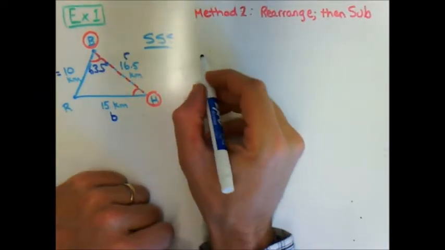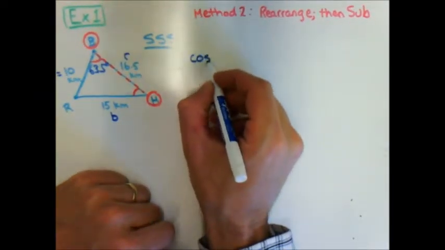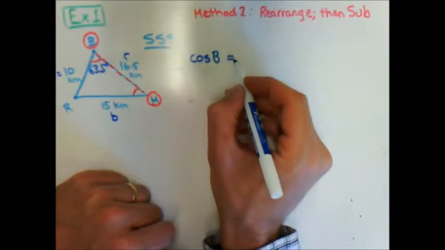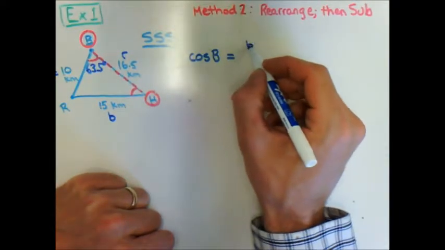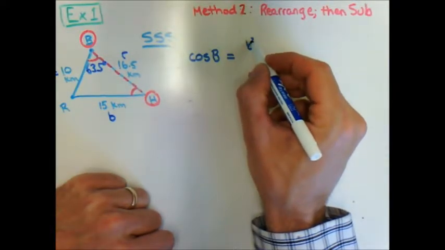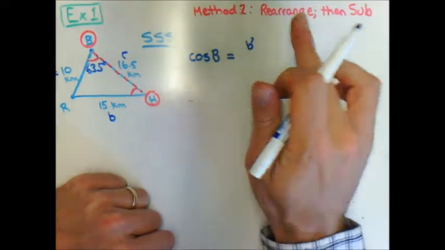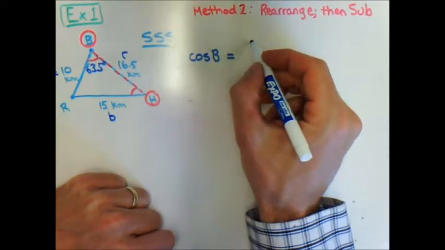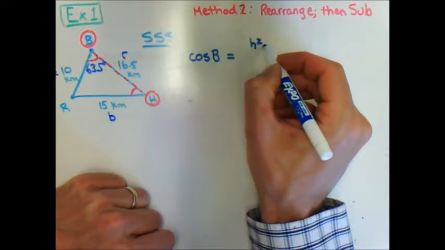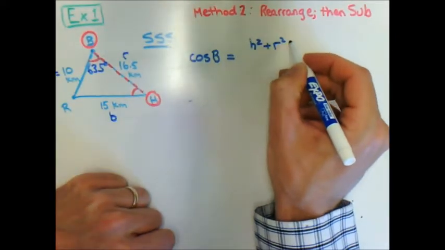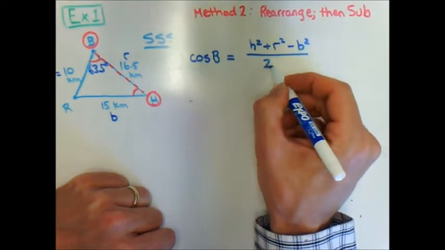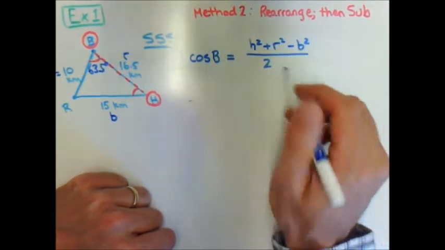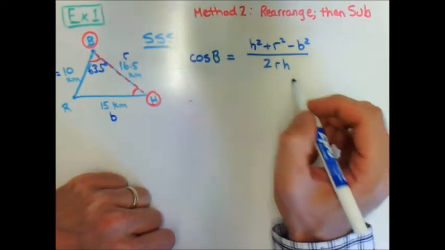So we're solving for B, so we want to have the cosine of B on the right, and that is going to be equal, according to our second cosine formula, to h squared plus r squared minus b squared all over 2rh.